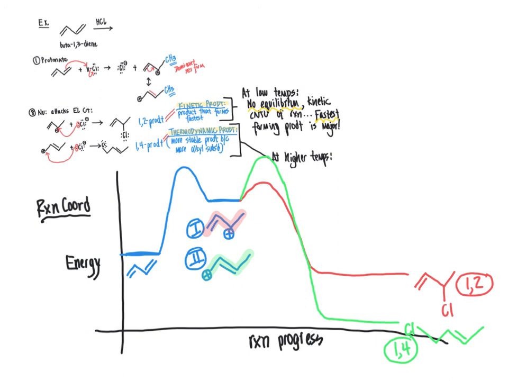If it's somewhere in between, like right at room temperature, quite possibly it could yield both. But if you want to steer it toward one or the other, you need to use either elevated temperatures or very low temperatures. And keep in mind, this only works in cases where the final products have different stabilities. If you'd created a 1,2 and 1,4 product that had similar stabilities because they were similarly alkyl substituted, you wouldn't be able to exert this control over the reaction.